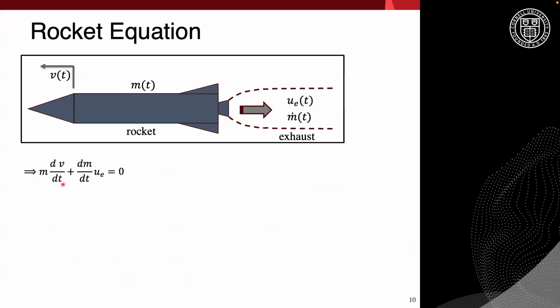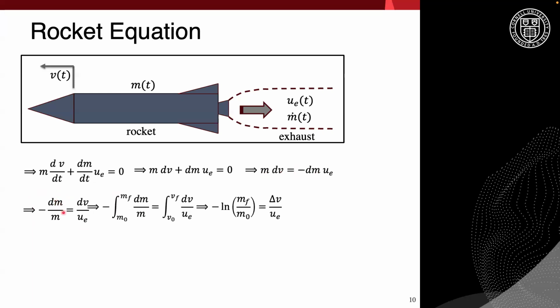And then we can multiply everything by dt to get m dv plus dm ue is equal to 0. And then we can take dm ue and put it in the right-hand side of the equation. And then we can write minus dm over m is equal to dv over ue, which we see here.